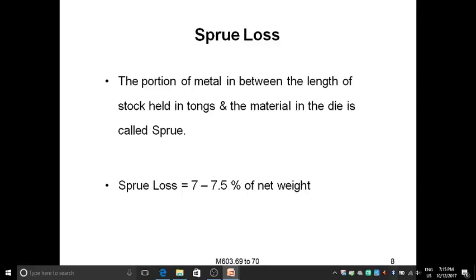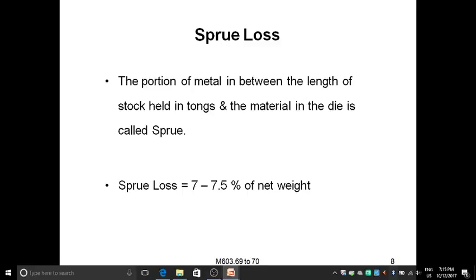That loss is nothing but sprue loss. I hope that you can understand. Sprue means the amount of material that is in between the die and the tongue. The material between the tongue and the die will be known as a sprue. You calculate the volume of that sprue, which is nothing but the sprue loss.